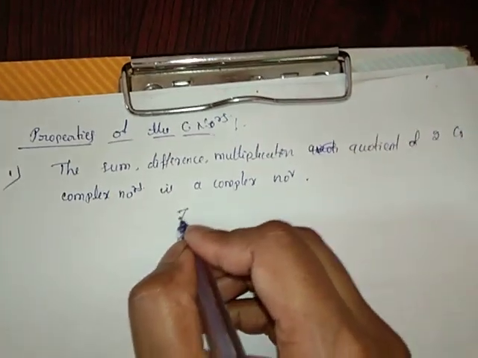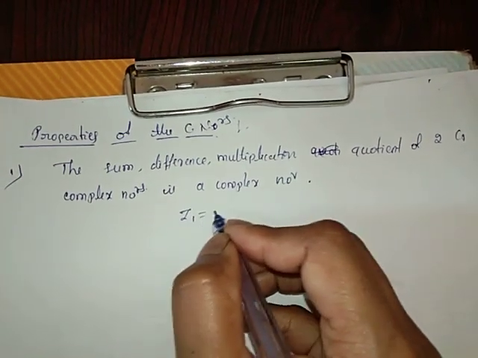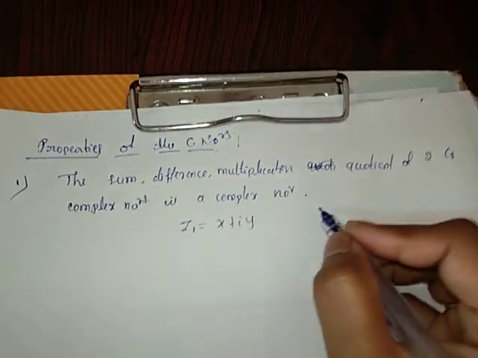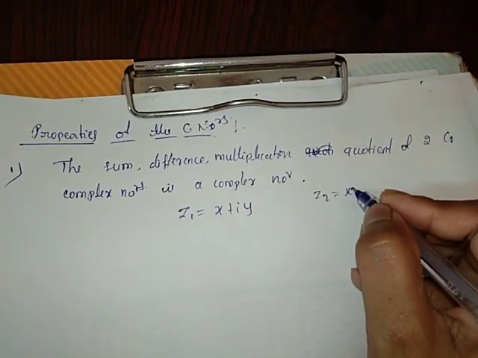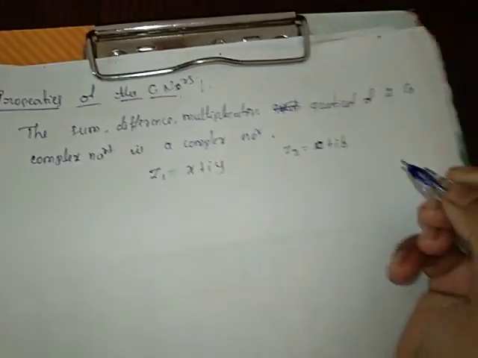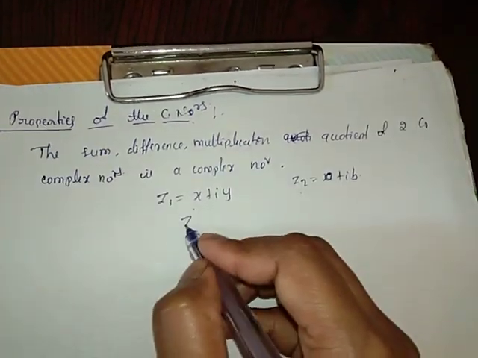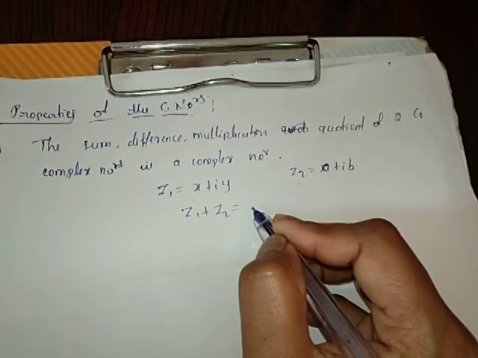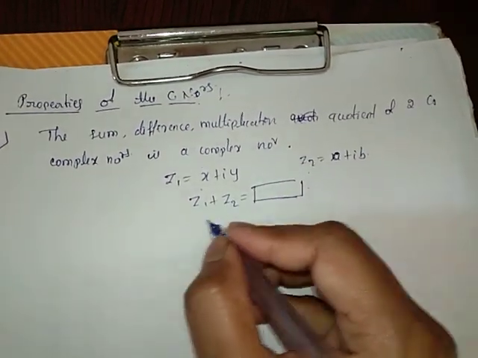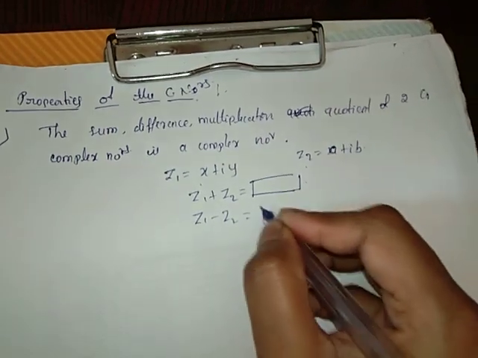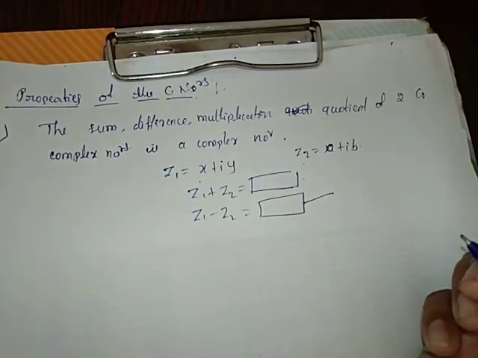Suppose z1 equal to x plus iy, z2 equal to a plus ib. If you take the addition of the two complex numbers, the resulting value is also a complex number. If you take the subtraction, the resulting number is also a complex number.